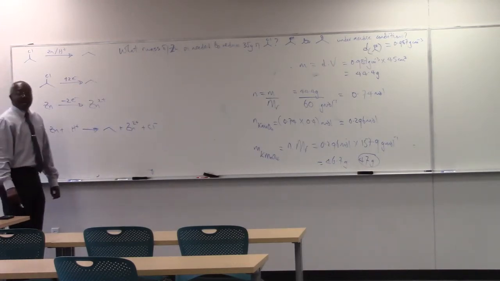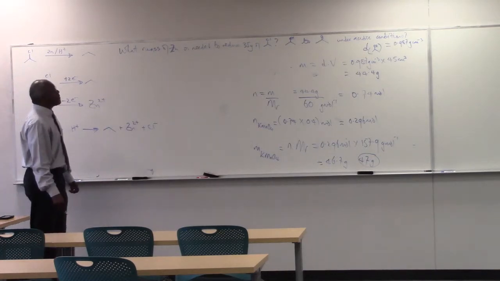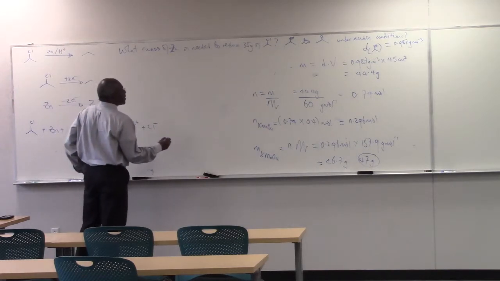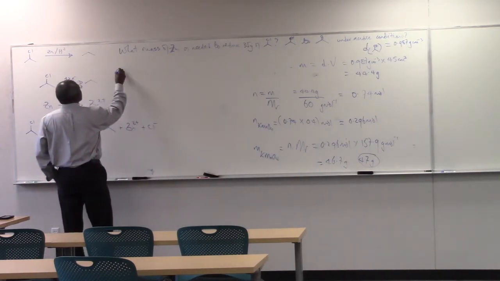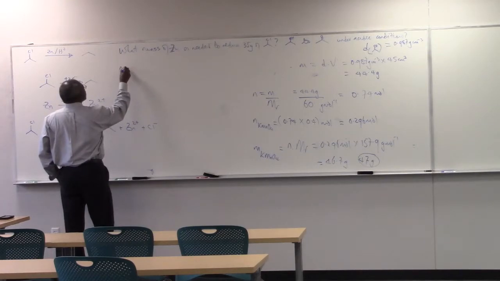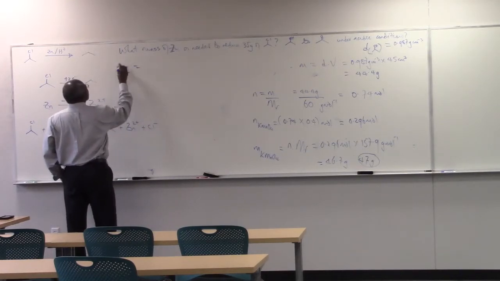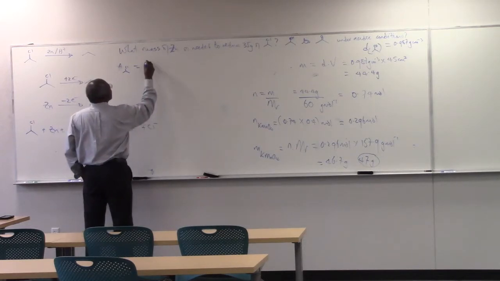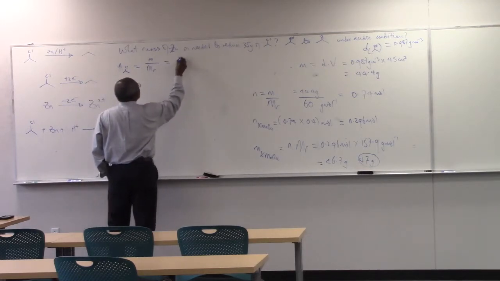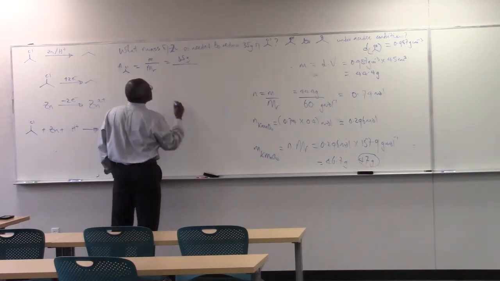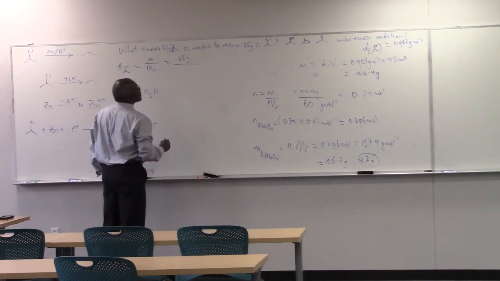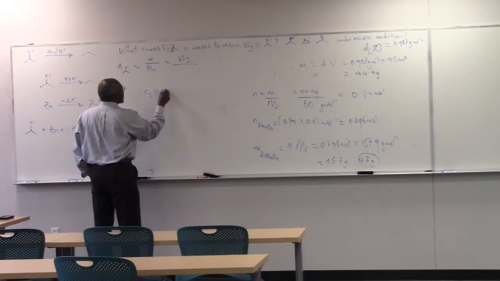If I have 35 grams of the haloalkane, I need to know how many moles that is. So the number of moles of the haloalkane would be the sample mass over the molar mass, which is 35 grams over the molar mass of this compound, and that is C3H367Cl.